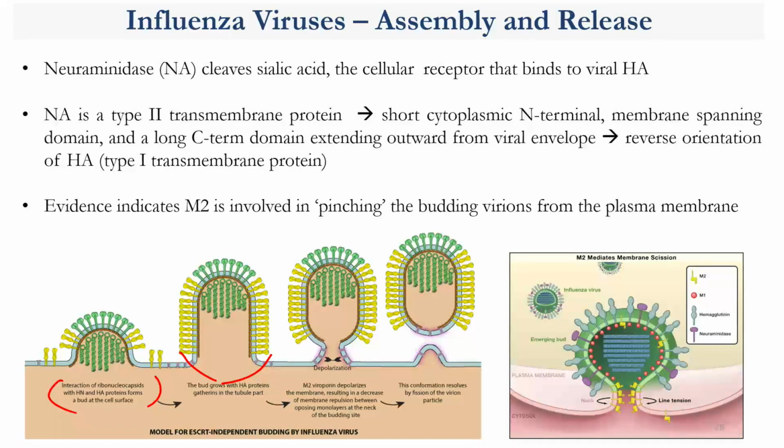Now, the model indicates that the M2 protein causes depolarization of the membrane in that particular region where the vesicle needs to bud off, okay? So as a result, your membranes start to fuse, and eventually you're going to release the mature virion outside the cell, okay?